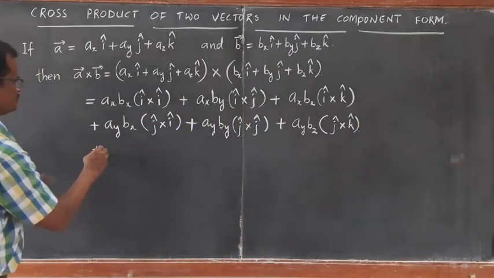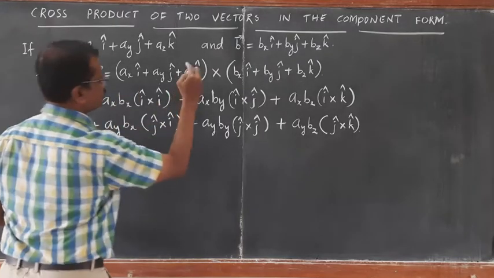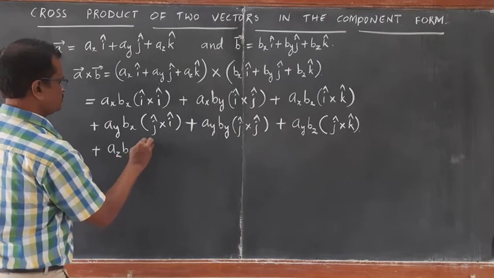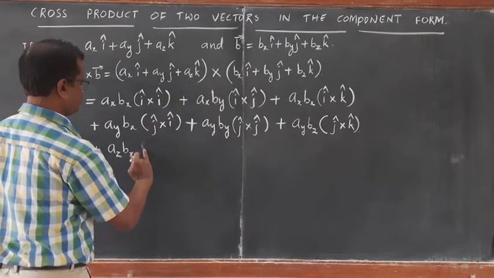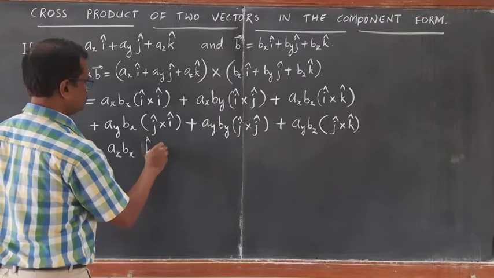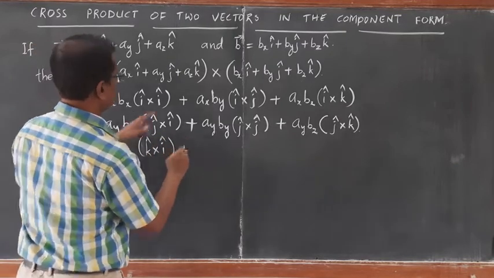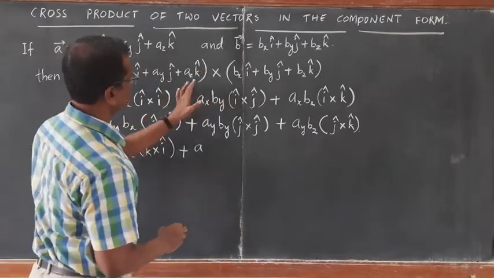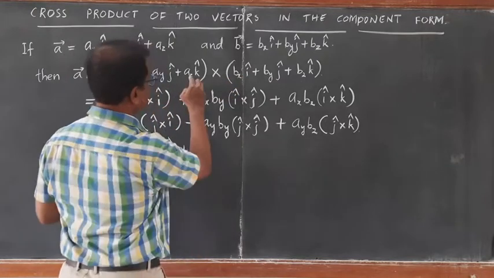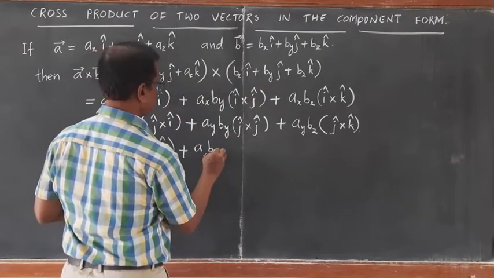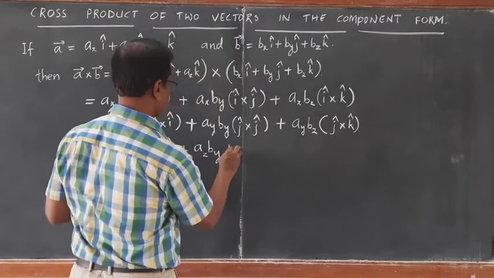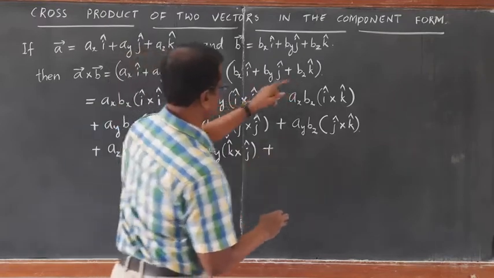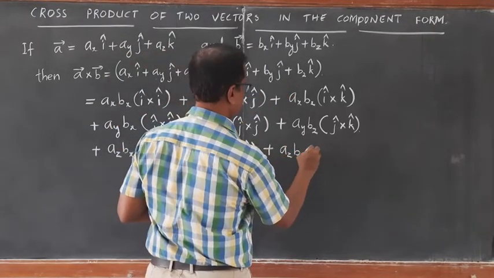Then the 3 terms of z: az bx, k cross i, plus az by, k cross j. You have to follow the perfect order, don't break the order. Plus az bz, k cross k.